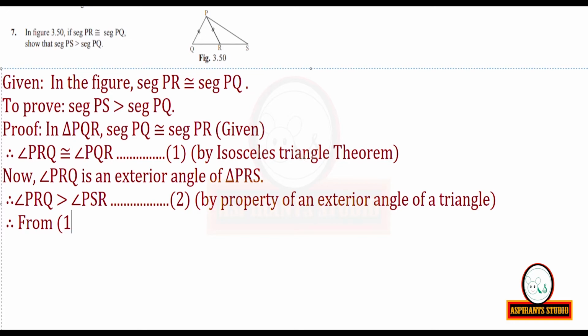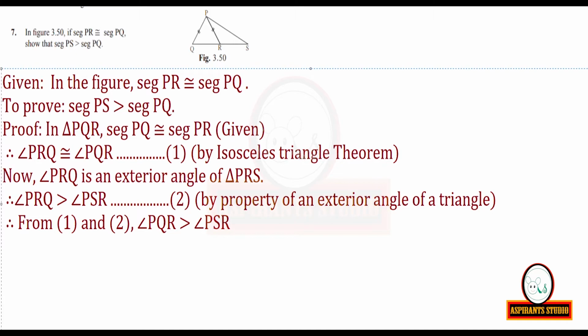So instead of angle PRQ in the second equation, you can replace angle PQR because they are congruent. So the second equation will become angle PQR is greater than angle PSR. Within brackets you have to write from equations 1 and 2.